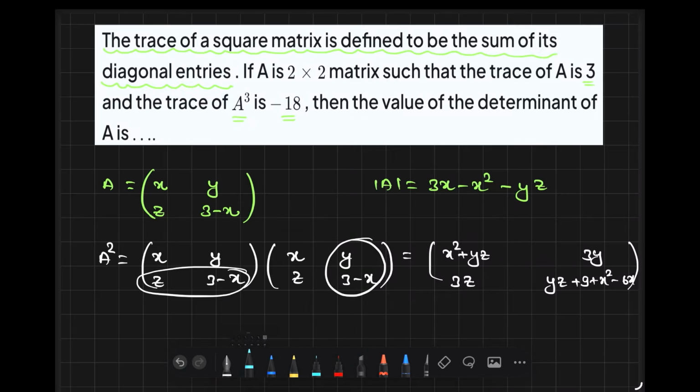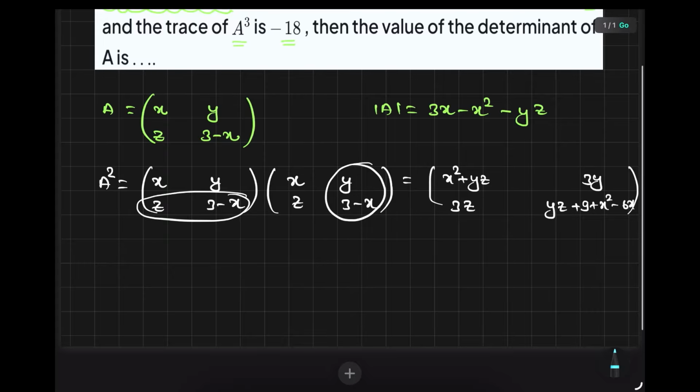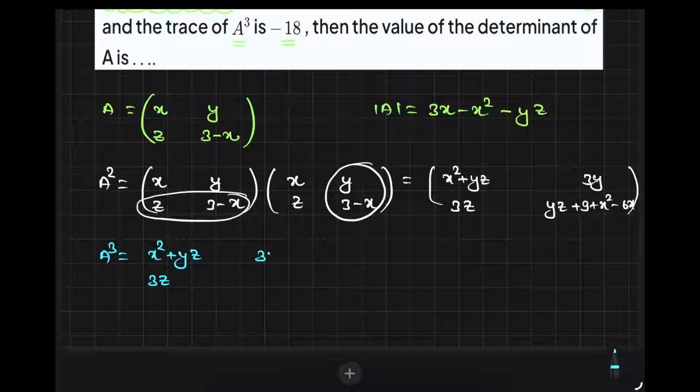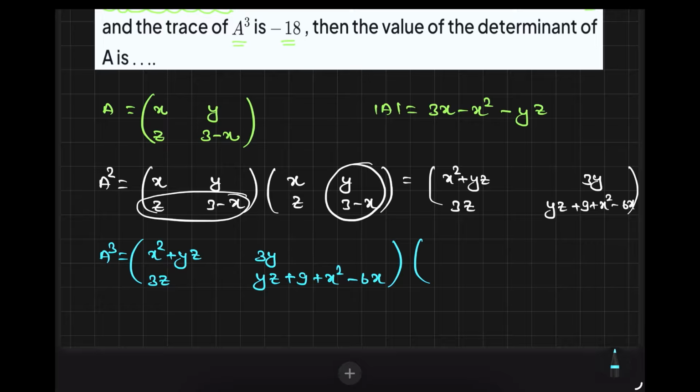Now we need to find A cube. So what is A cube? A square into A. So x square plus yz, then 3z, then 3y, then yz plus 9 plus x square minus 6x, and then we have A, which is x, y, z, 3 minus x.